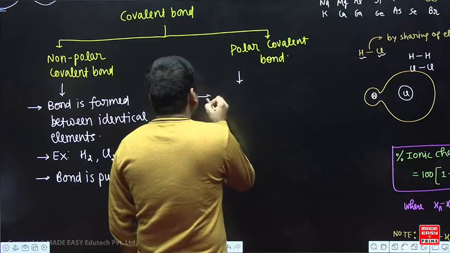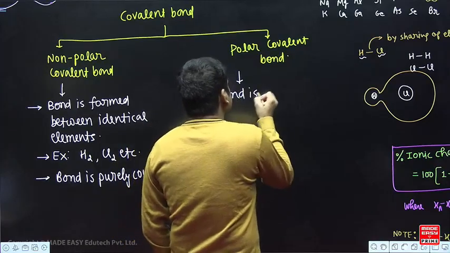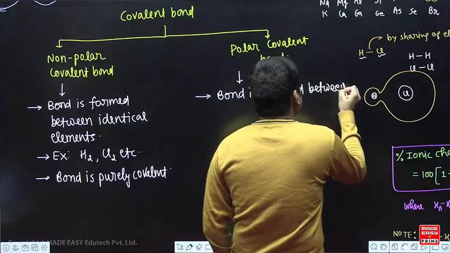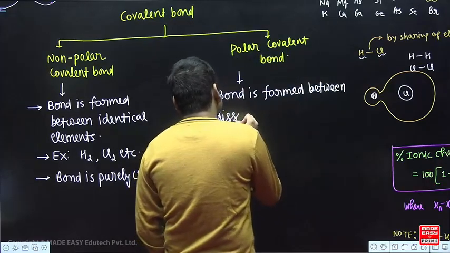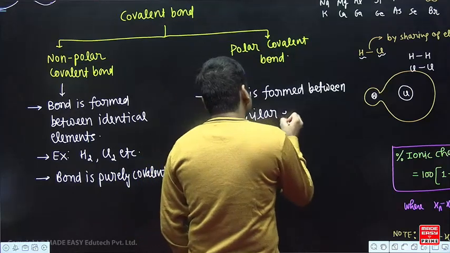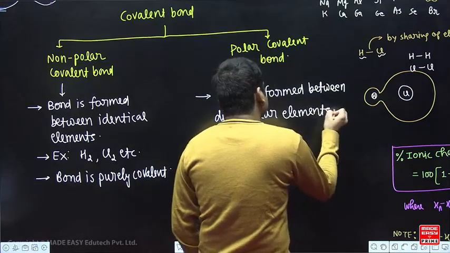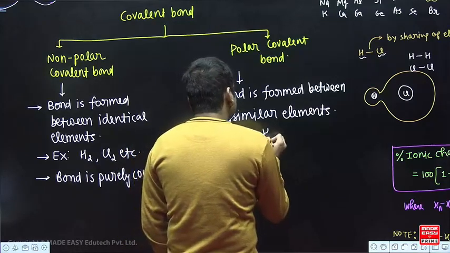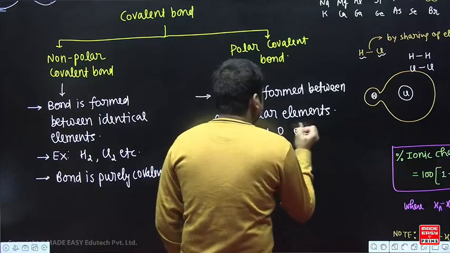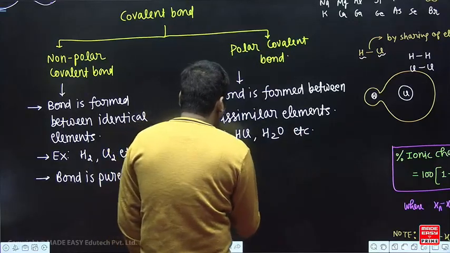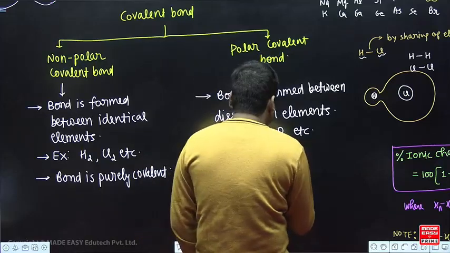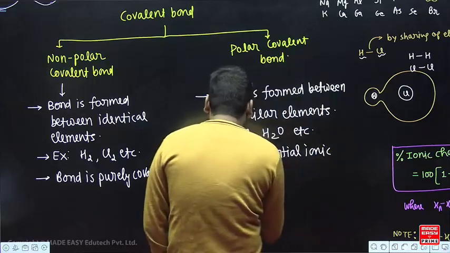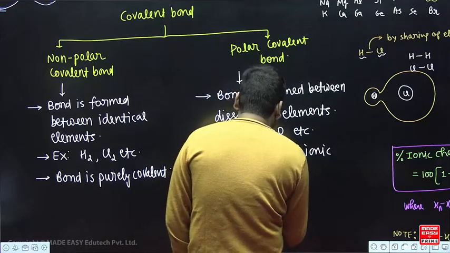Here bond is formed between dissimilar elements. एग्जाम्पल के तौर पर HCl, H2O, इसीलिए H2O को पोलर सॉल्वेंट कहते हैं, etc. Bond has partial ionic character also.